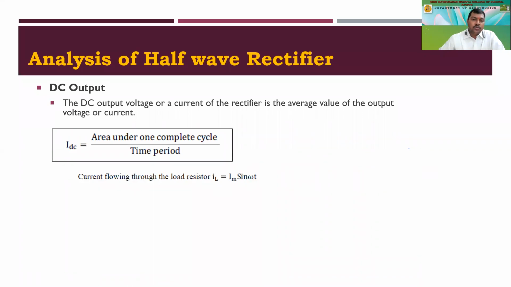Here Im is the maximum amplitude of the current, sine is the sine of the angle of the wave, omega is the angular frequency, and t is the time.